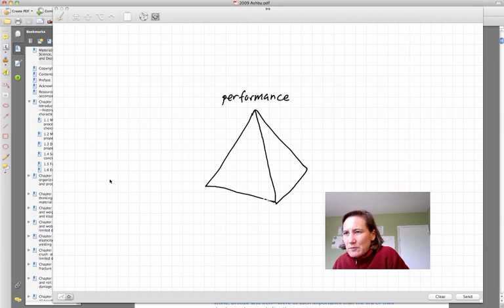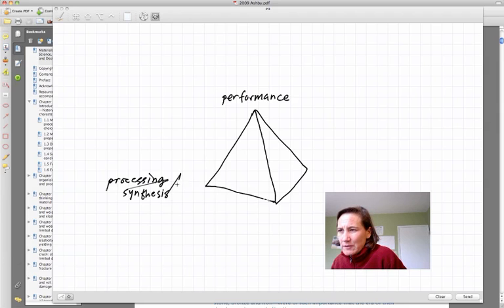So this would be processing here, which essentially means the creation, maybe heat treating, or the chemical synthesis of a material such as a polymer. So processing / synthesis.